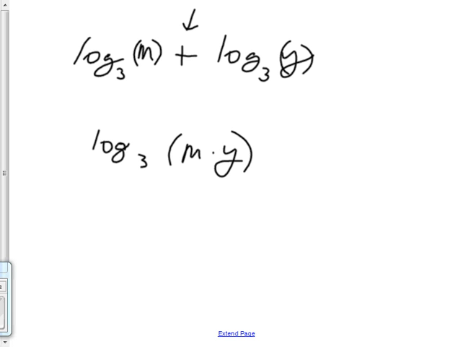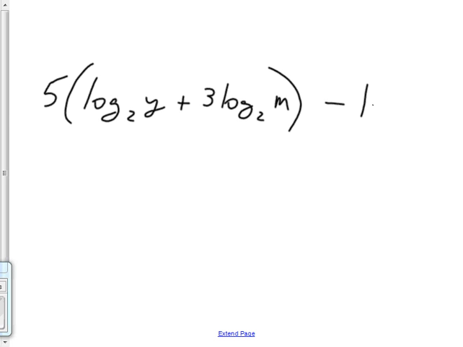Okay, so that was a simple condense problem. Now let's make a complex one. Let's say it was 5 times log base 2 of y plus 3 log base 2 of m, and then all minus log base 2 of, let's say, q. First thought on this one: this 5 can be distributed to both of these.